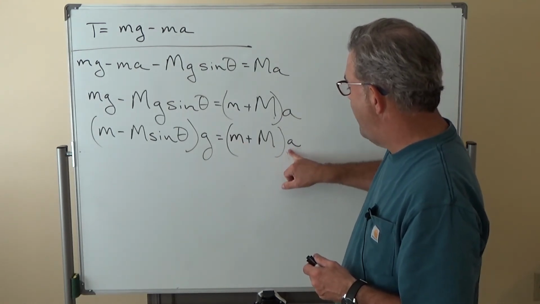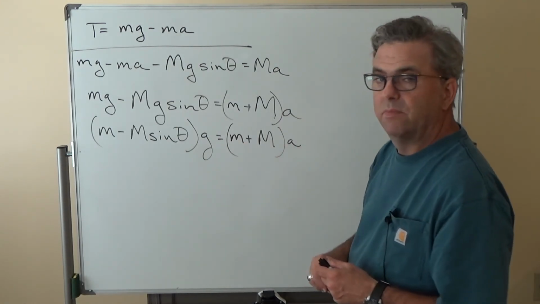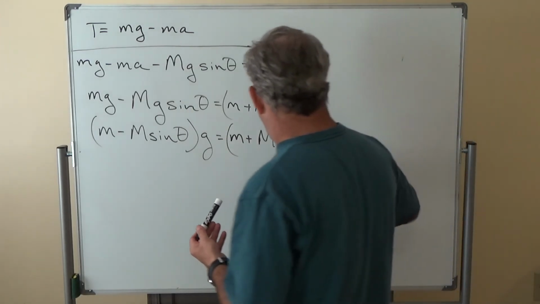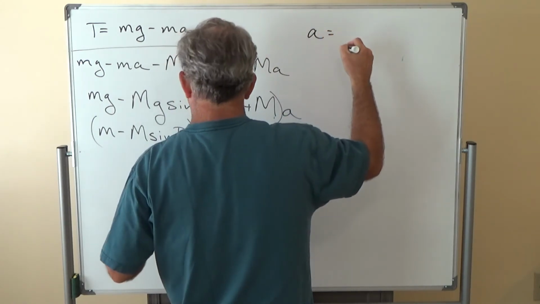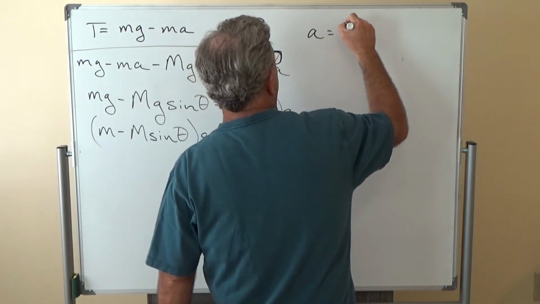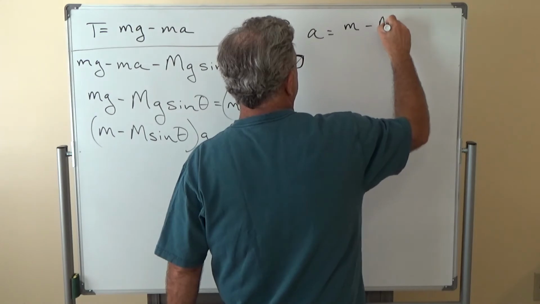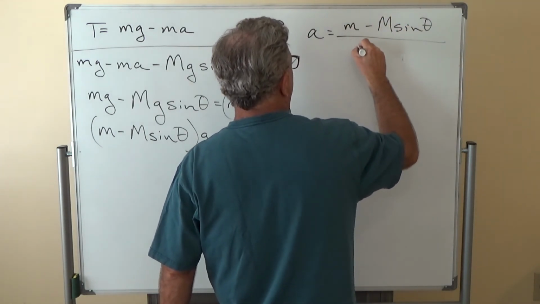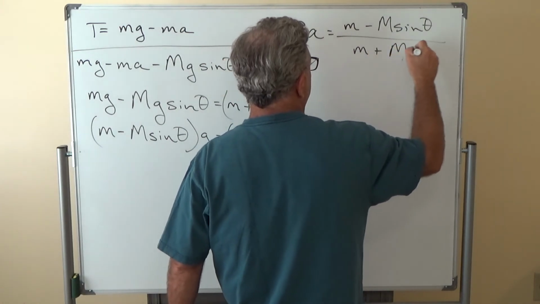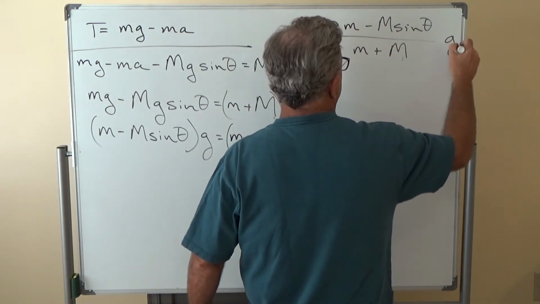That's the total mass of the system times A. Rewriting it again, solving for A, you get little m minus big M sine theta divided by little m plus big M, all times g.